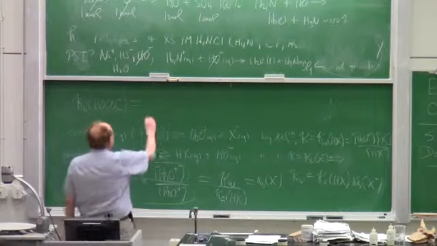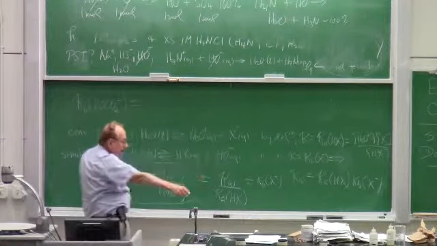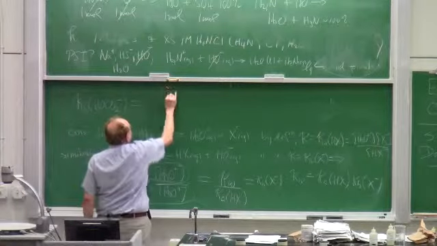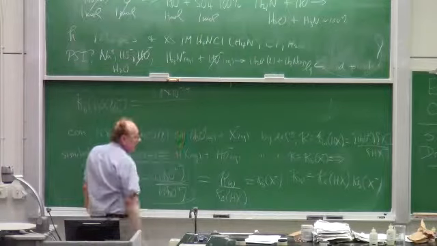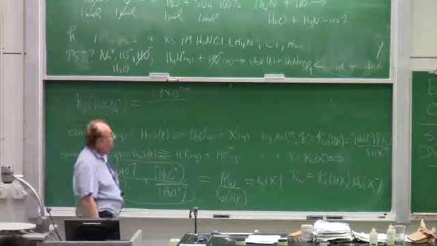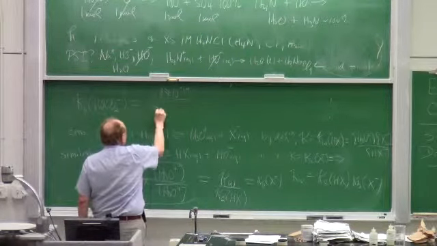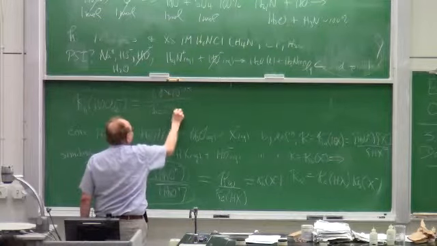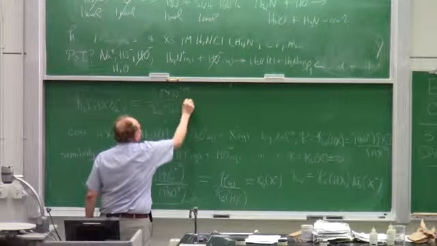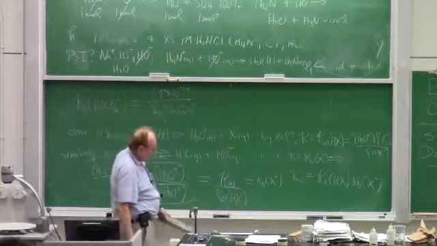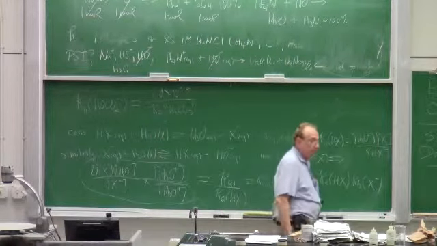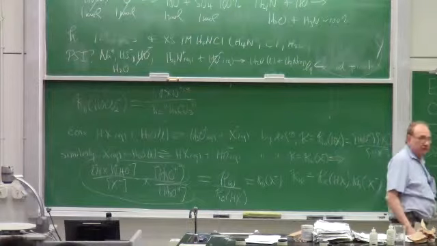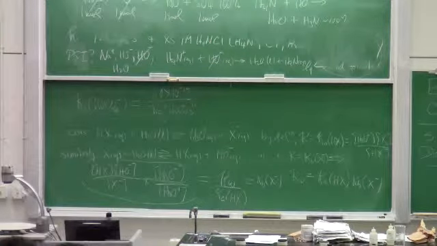So, to get Kb, I want to take Kw and divide it by Ka for H2CO3, quote unquote. Now then, the Ka for H2CO3, I've changed the values.